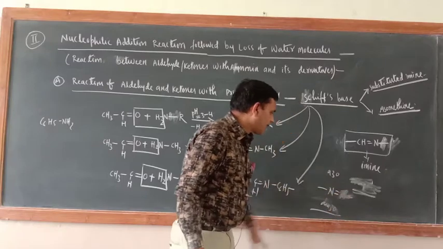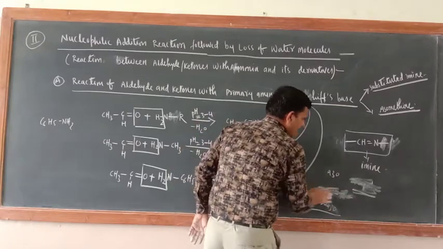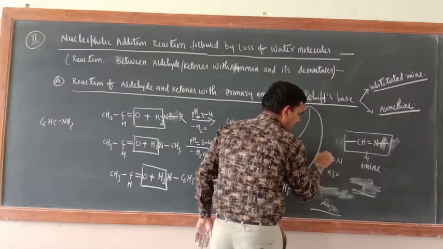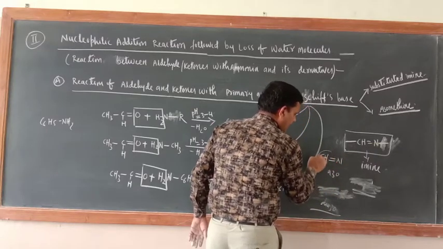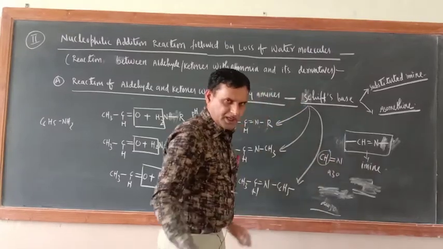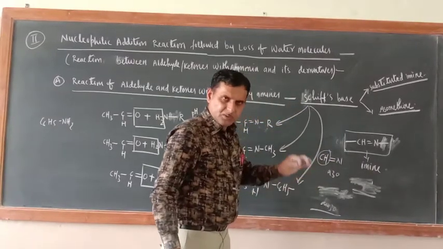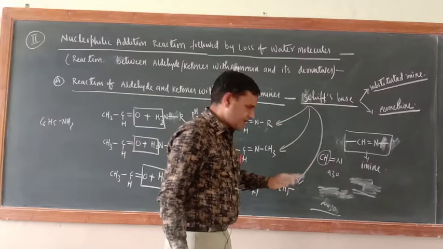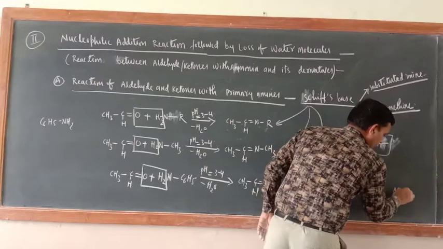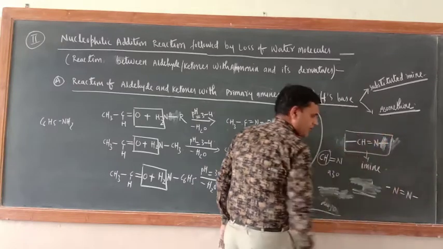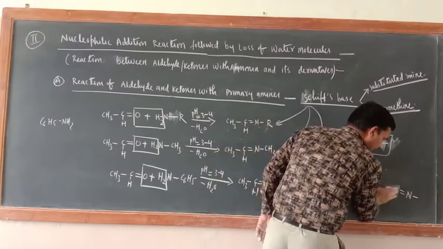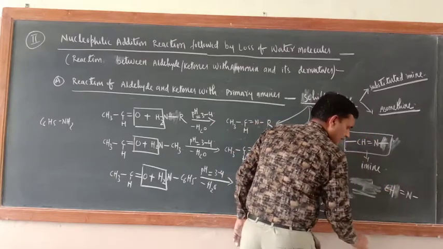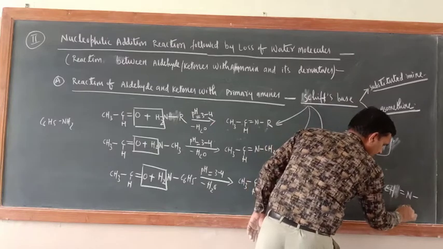And now after this N, there is a double bond and CH is there. So what is the name of this one? I hope you are getting it. N double bond N is known as the diazo group. If only one N is there and in place of the second N a CH group is there, this is azo.